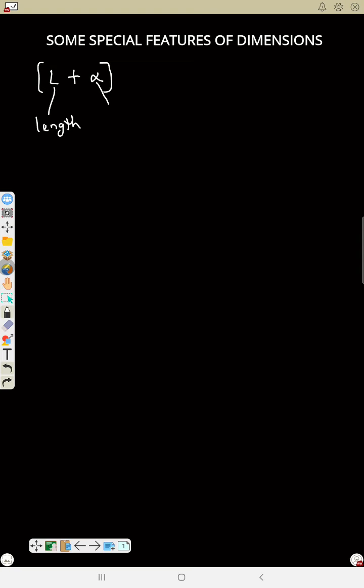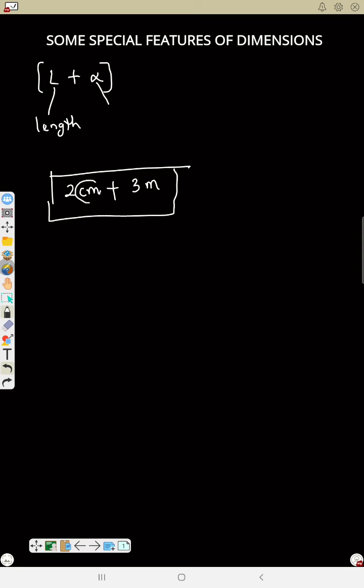as length can be added only with a length, alpha should also be a kind of length. For example, if I have 2 centimeter plus 3 meter, I cannot add these two together like this. Why?